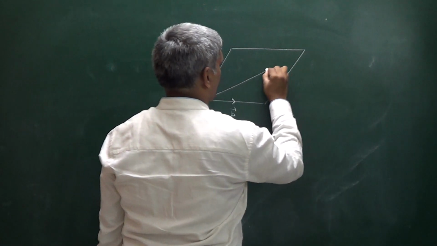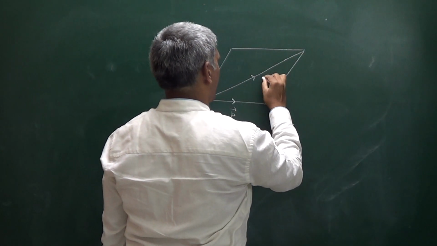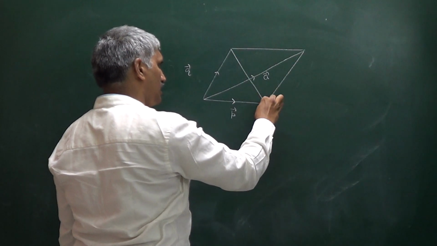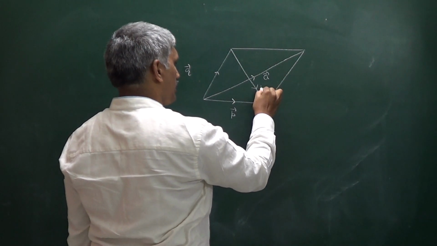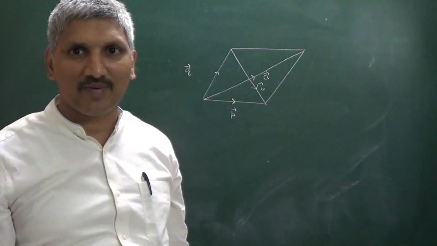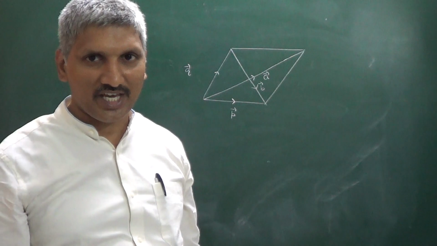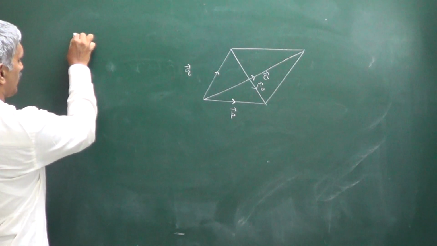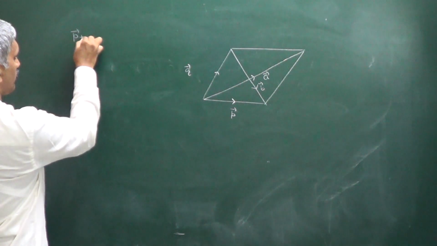What is being said in the question is, this is one diagonal represented by A bar, this is another diagonal represented by B bar. A bar comma B bar are the two diagonals of a parallelogram. What about its area?